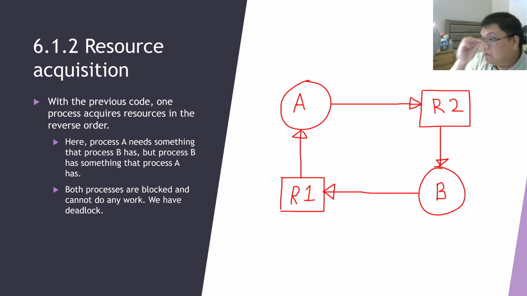One process requests a resource that's already used by another process. That process is requesting a resource that's already being used by the other process. This is a loop. In graph theory, this is known as a cycle. And if you have a cycle like this, you have deadlock.